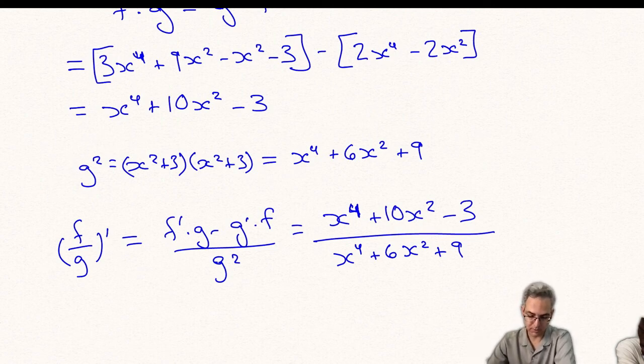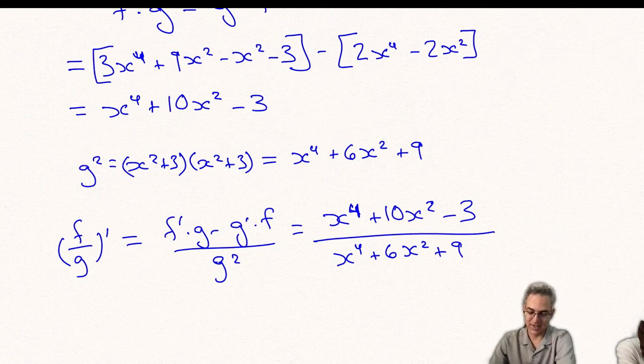Now it's possible that this could be factored in a way that we could simplify, which would just make it look nicer, but it would still be the same answer. We just chose these functions, so I don't know. The denominator obviously factors into x squared plus 3, because that's where it came from.